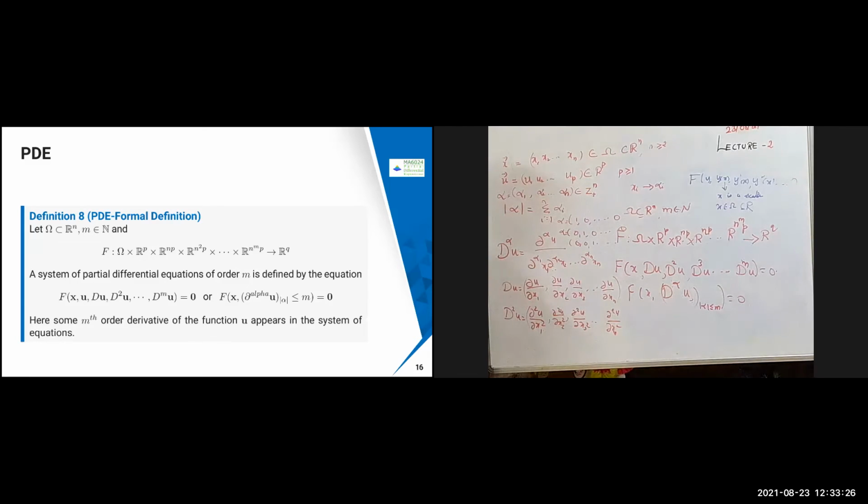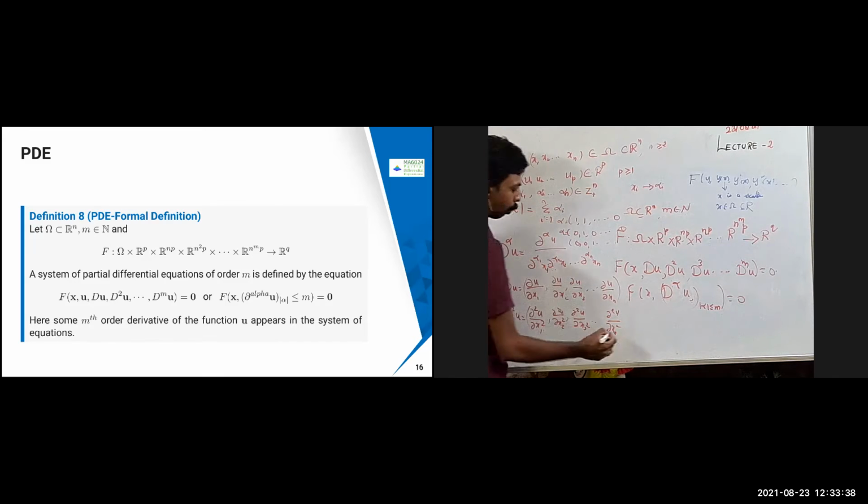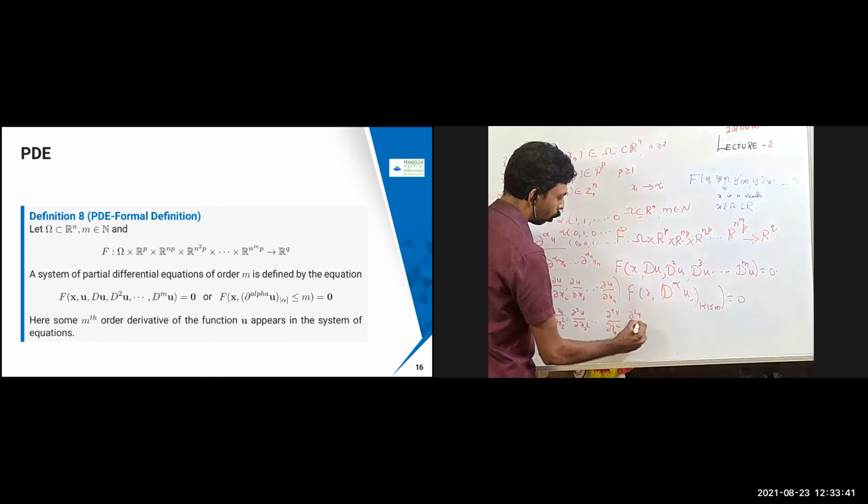But it does not stop here. I can put my alpha as 1, 1, 0, 0 also, because dou alpha 1 means dou x1, dou x2 can come. So dou square u by dou x1 dou x2 is going to come.